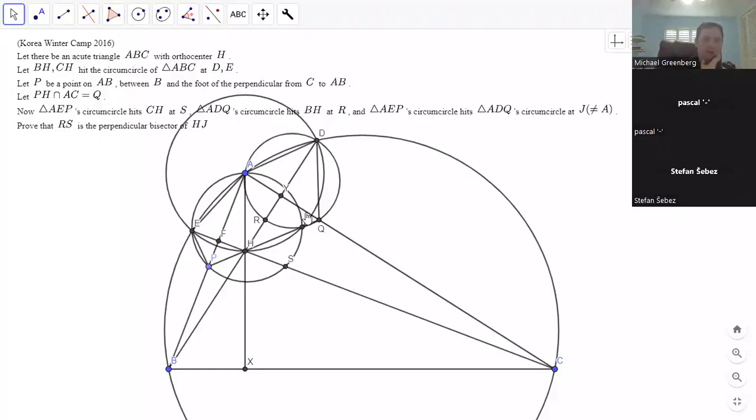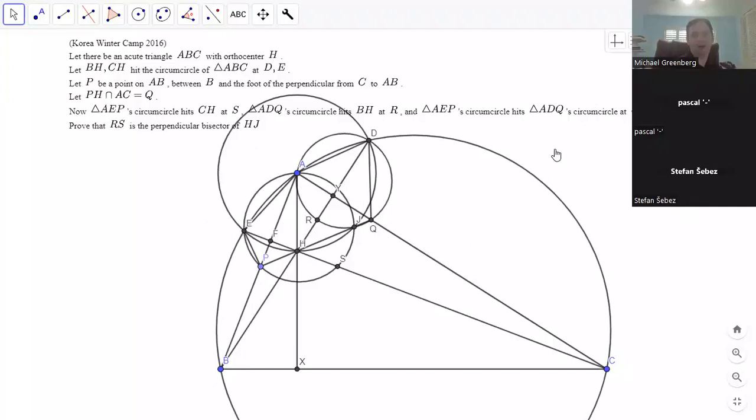Which would mean that this angle plus this angle is 90. Okay, so that's also true. By an angle chase, I know that AR is perpendicular to HJ. And then by the same argument, AS is perpendicular. Okay, so I just solved it. Yeah, so this is an easy problem.